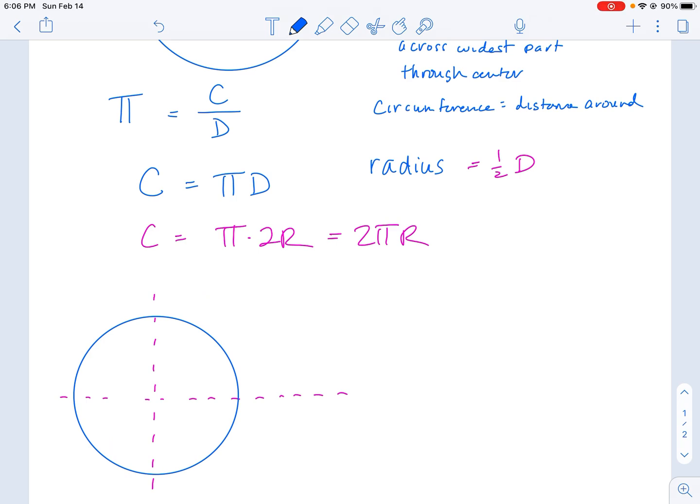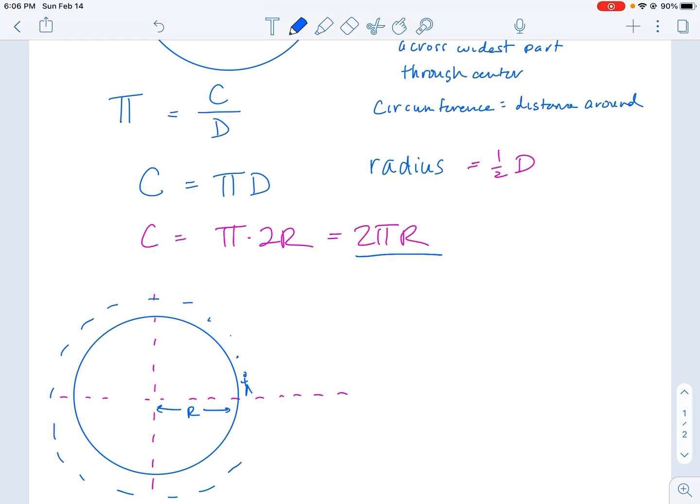We know that once around the circle is the circumference of the circle. And if I wanted to actually walk this distance, so if this were me, and I were walking all the way around the circle to get that circumference, the way that I could calculate how long that distance is going to be is I could use 2 times pi times r.